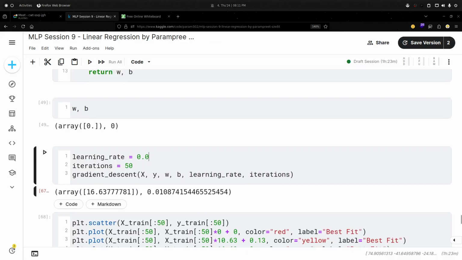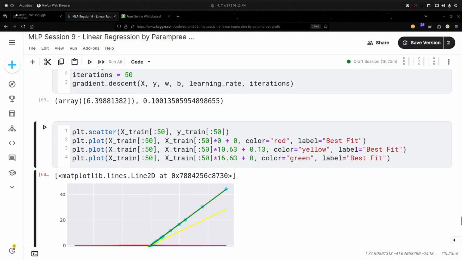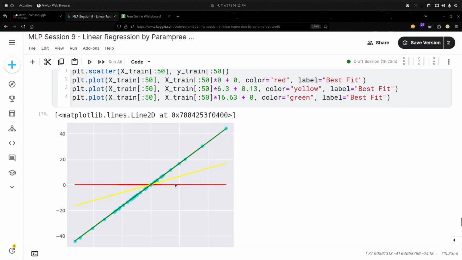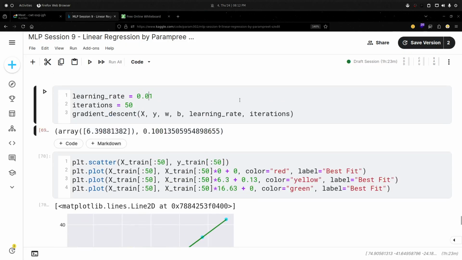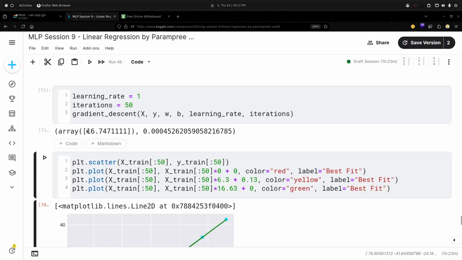And if I set the learning rate to 0.01, now you will see I'll get a very small value for W, which is 6.3. And if I plot that value, 6.3, you can see this is the yellow line. So that's how learning rate affects. If I set learning rate to 1, now you can see I'm directly getting the exact value.